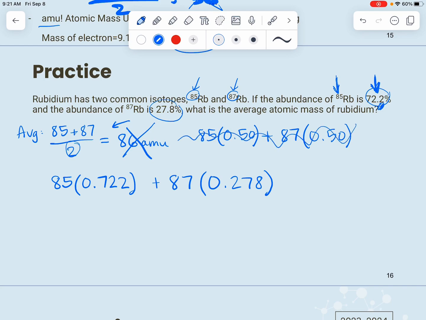So the percentages, when we change them into decimals like this, we don't need to divide at the bottom at all, all right? We can just take the masses and multiply by their abundance. Remember, though, to move that decimal point if it's a percentage, because that's a part out of 100, okay? Last step is just to type that one in. You can probably get that on your own, but I'll give you a second here to type it in.